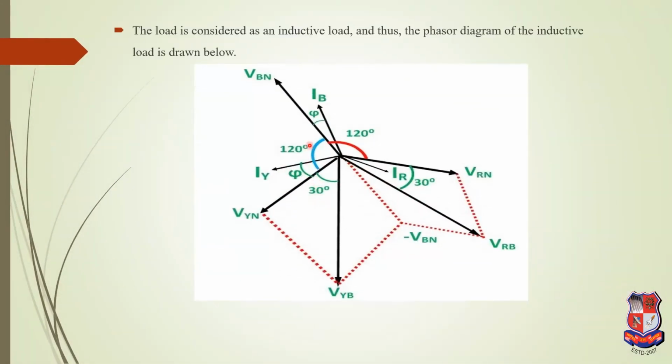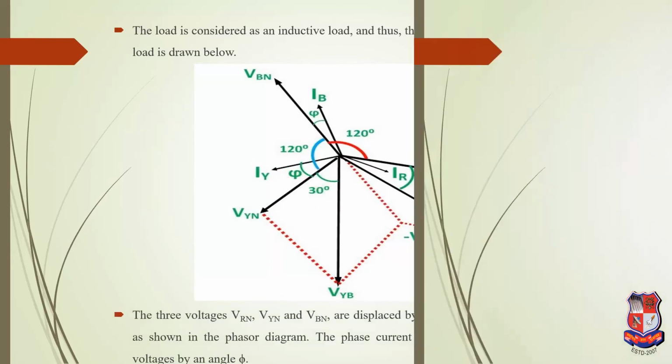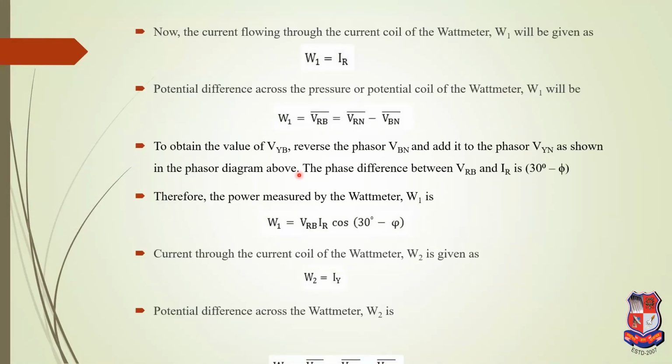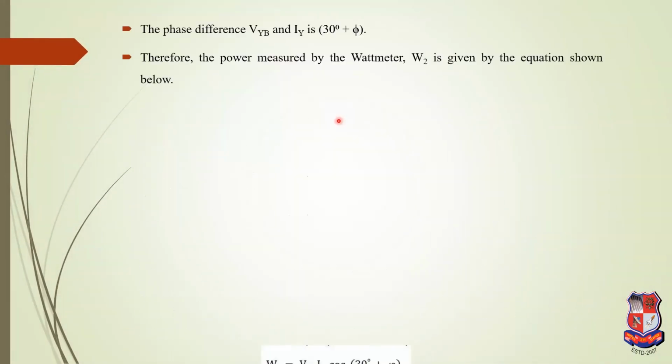From the phasor diagram, the phase difference between V and I1, here we want this angle. This angle is equal to 30 plus phi. So for wattmeter 2, it is V I cos(30 plus phi).